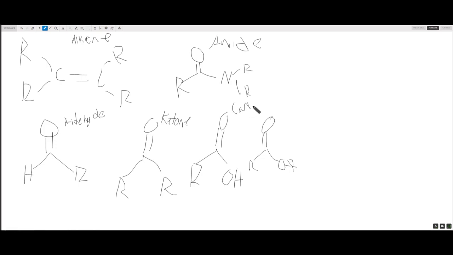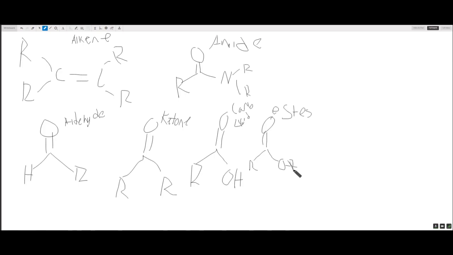This is carboxylic acid. In this, I think this is an ester. The other one I have over there is an ether. Let me make sure. Yeah, this is an ester.